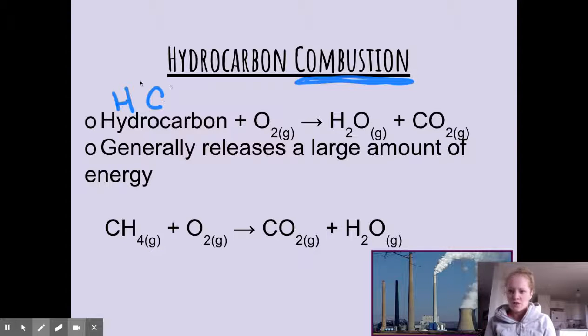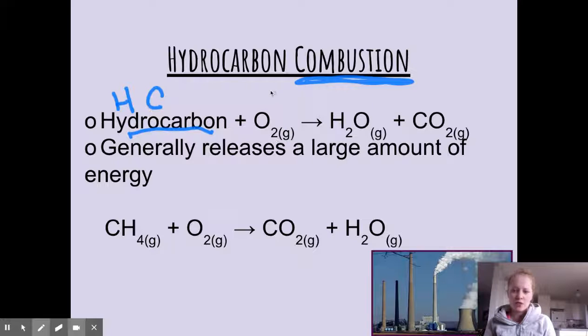It can be in different amounts depending on what it is. So it could be CH4, it could just be CH2, anything that just has hydrogen and carbon. So a combustion reaction is easily identified when you see a hydrocarbon plus oxygen.